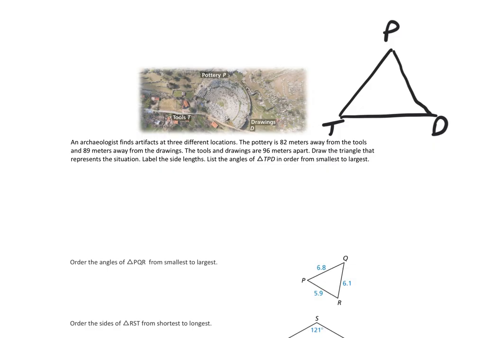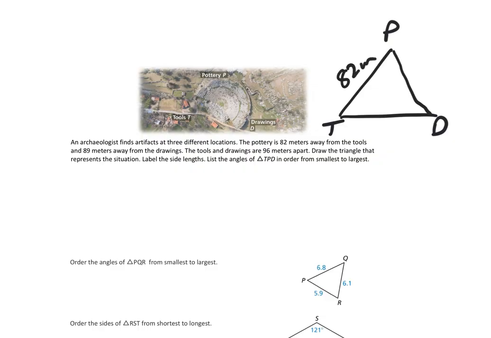Okay, so those are the 3 spots, and they form a triangle. And then it goes on to tell me, so here, when it says 82 meters away, the pottery is 82 meters away from the tools. We're talking about the length of a side. We're not talking about angle measures here. Okay, so we're saying that this is 82 meters.